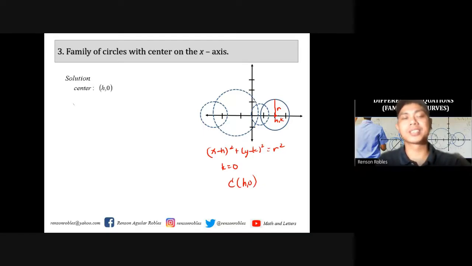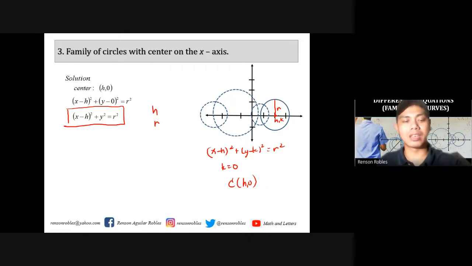Next, you can write the equation of this circle: (x − h)² + (y − 0)² = r². And that gives us (x − h)² + y² = r². So from the resulting equation, we now only have h and r as our variables.